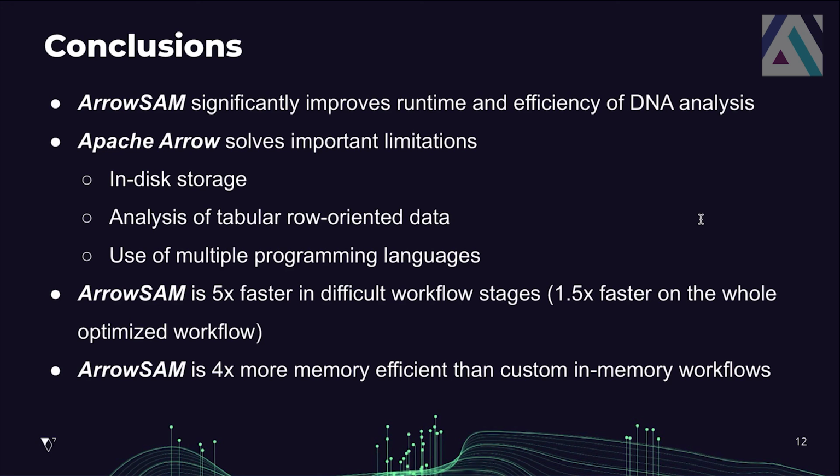We also showed that the ArrowSAM format allows us to increase the speed of the difficult stages of the workflow by more than 5 times, and is able to increase the speed of the full pipeline by up to 1.5 times. And finally, the ArrowSAM format allows us to have 4 times more memory efficiency than even optimized custom-made in-memory workflows that can process the same data.